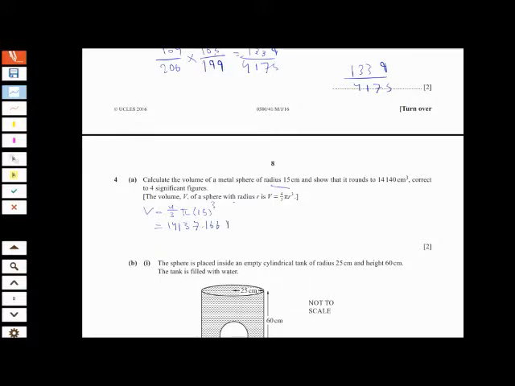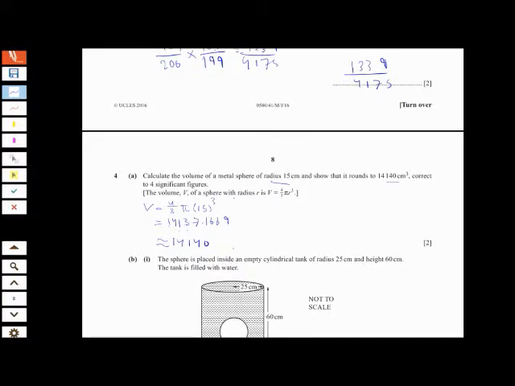Now 4 significant figures. It's going to be 1, 2, 3, 4. Now we look to the next number. If it's 5 or more, then round up. 7 is more than 5, so round up. It's going to be 14140. That's it. That's what they want. Don't forget the unit, centimeter cube.